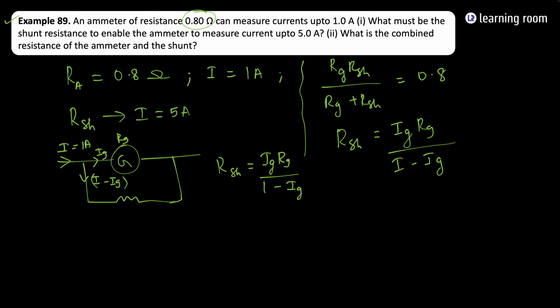Correct? Why 1? Because it is 1 ampere. So what should be the value of shunt resistance in the second case? It should be Ig into Rg divided by 5 minus Ig. All that we need to find is what is the full scale deflection current. If you know that value, we'll be able to find the remaining values.